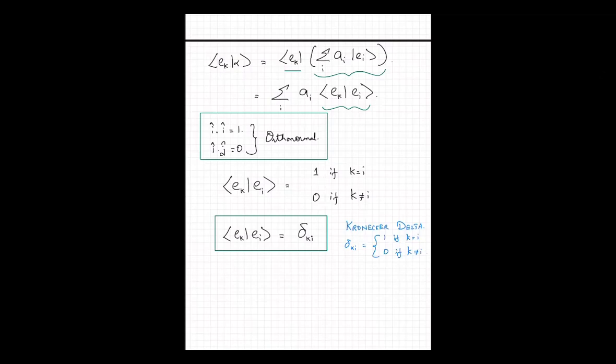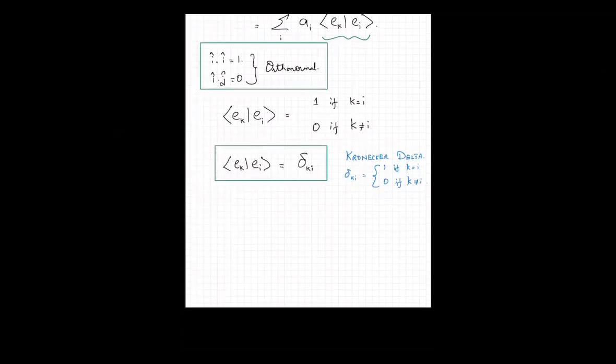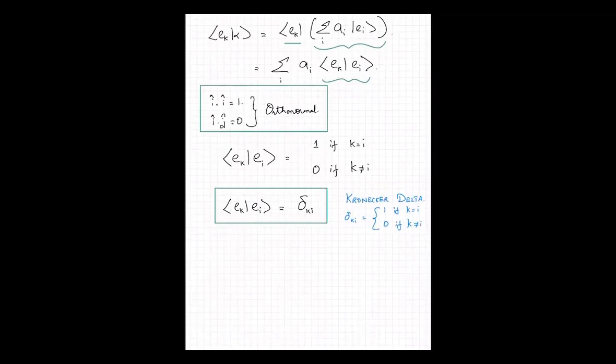Okay, so this helps me understand the concept of orthonormal vectors in this new linear vector space language. Instead of the usual dot product, which is a row vector times a column vector in usual vector algebra, it is the multiplication of a bra vector times a ket vector in the bracket notation.